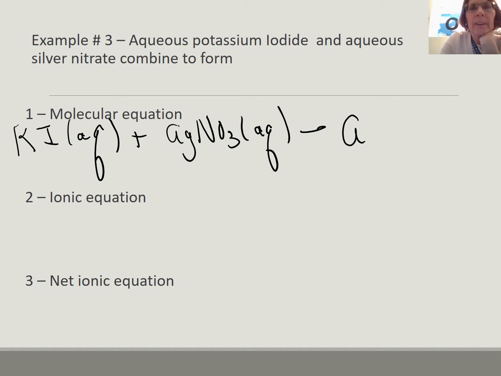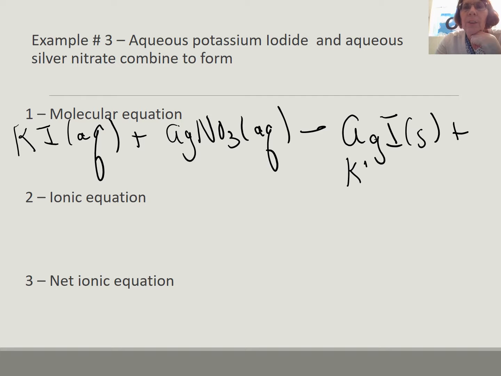So silver hooks up with iodide. If we go to our chart, we see that this is going to make a solid plus KNO3 aqueous.